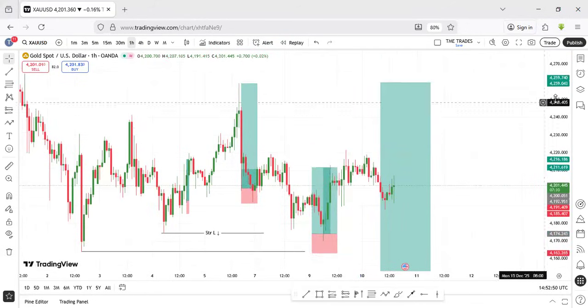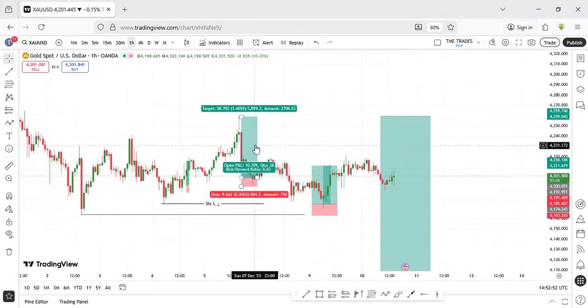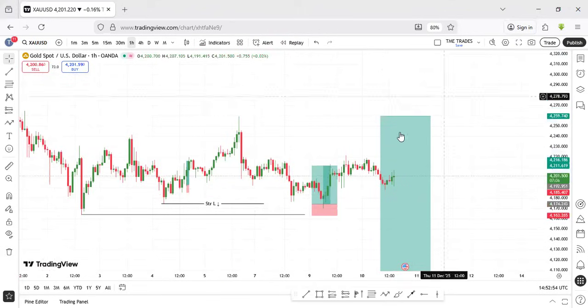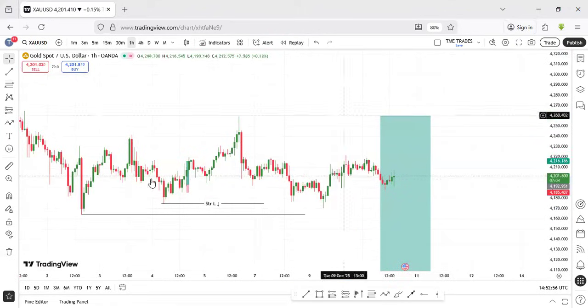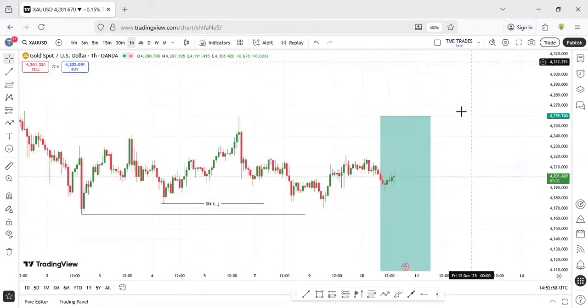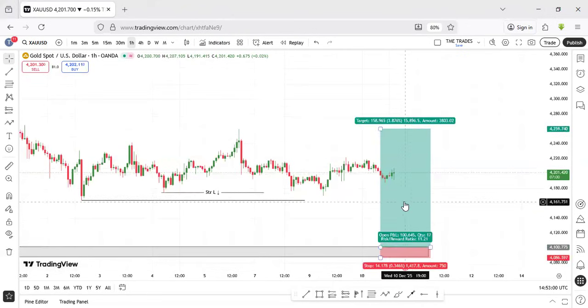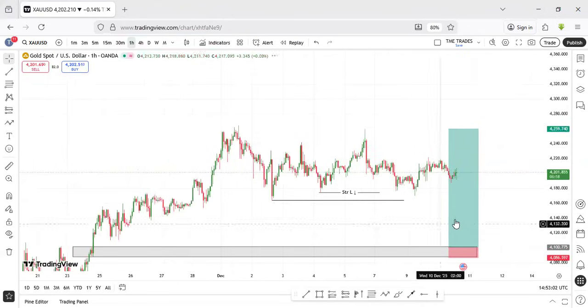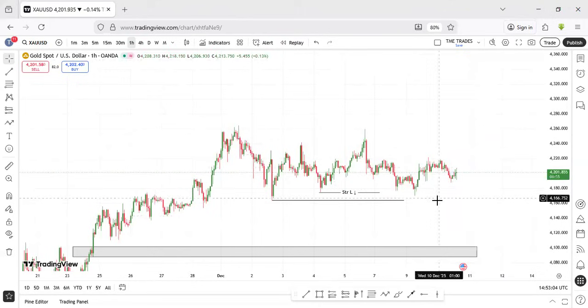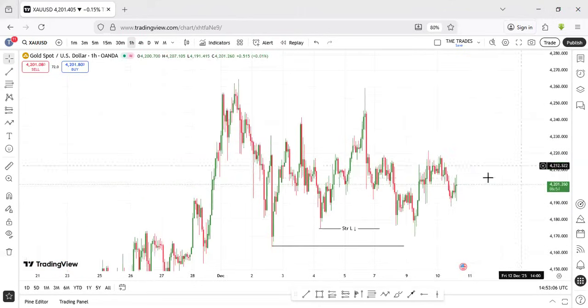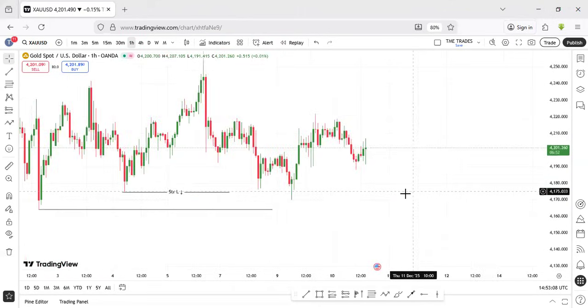Currently, what do we have on gold? So we are going to delete this, delete this, and delete this, and okay, we still have this active order. So let's delete it and look at what we currently have on gold.